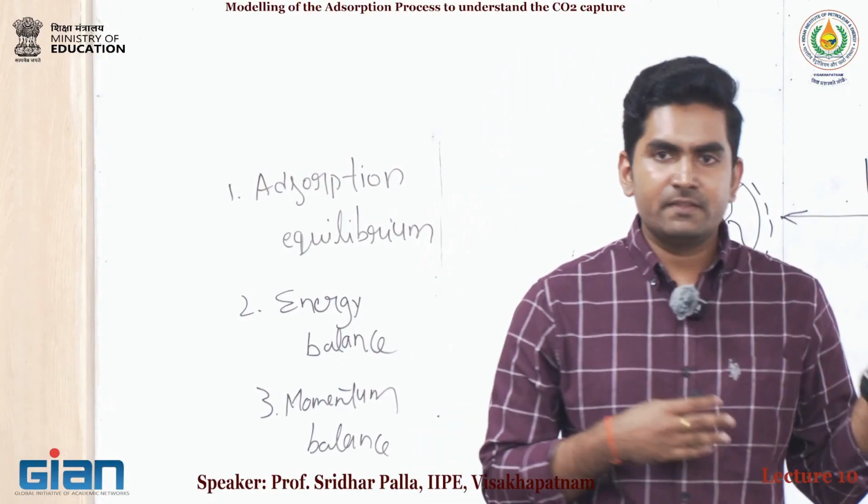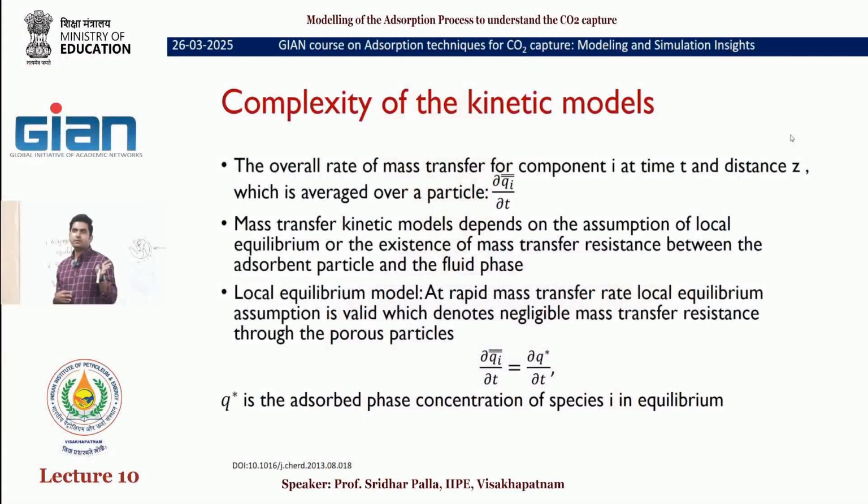If you are considering this assumption, you are not worrying about macropore diffusion, micropore diffusion, and the film resistances that come into the picture inside the pellet. You are simply considering that whatever average of q is accumulating on the particle is equal to the amount that is adsorbed. So that is the simplification from this assumption.